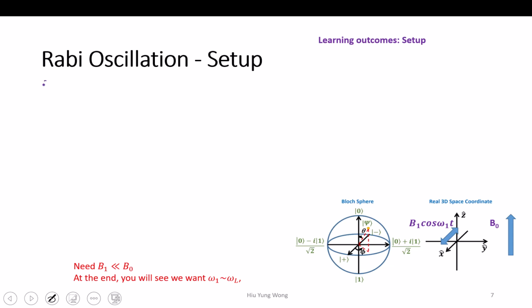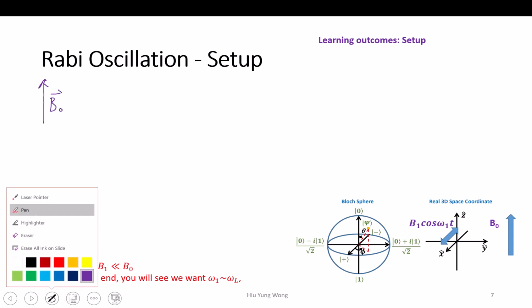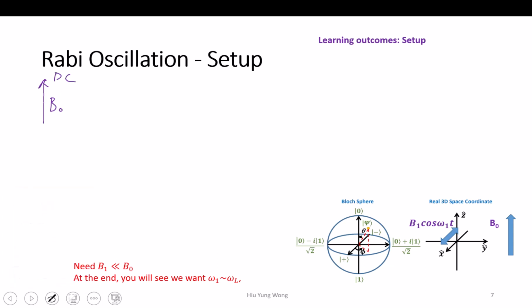I have the magnetic field pointing up, B0, which is DC, with the z hat. At the same time, I have the AC part, which is B1 in the x direction.